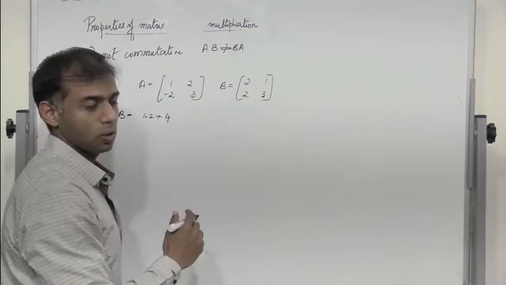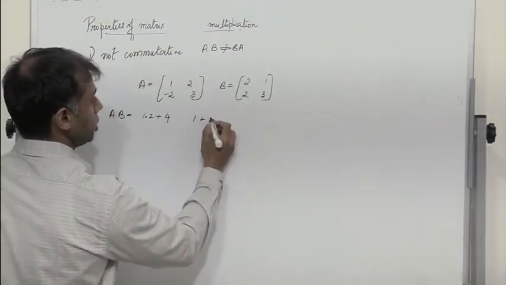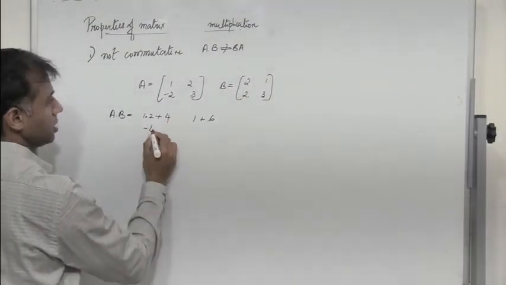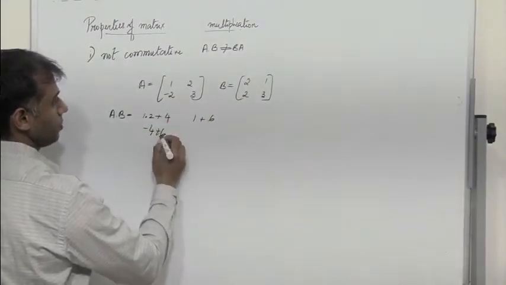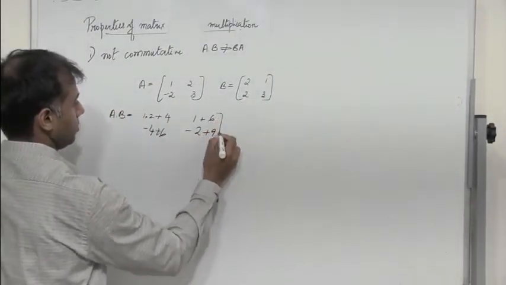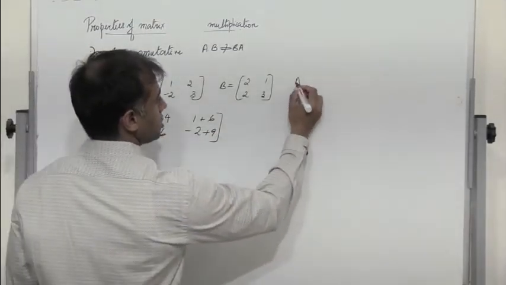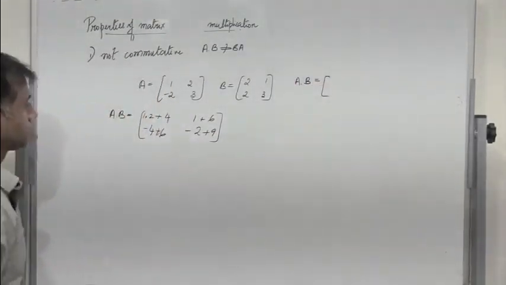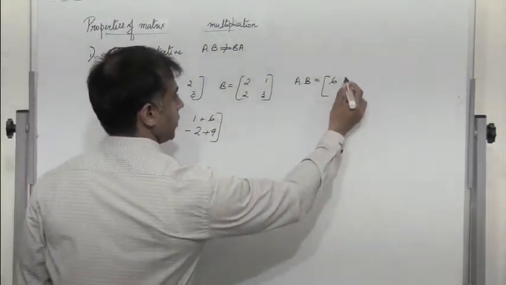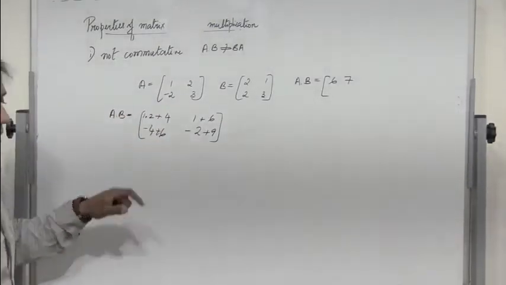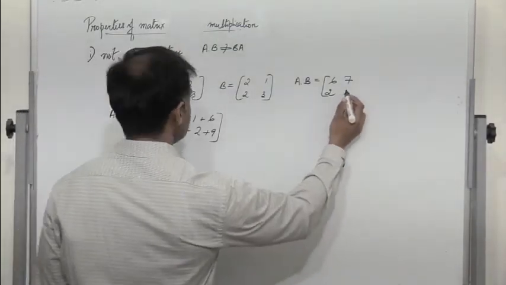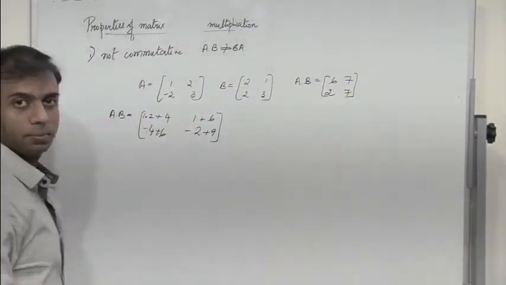Next, first row into second column is 1 into 1 plus 2 into 3 is 7. Next, second row into first column, minus 2 into 2 is minus 4, 3 into 2 is 6. And then second row into second column is minus 2 plus 9. Right? So A into B gives me 6, then 7. And here I have minus 4 plus 6 is 2, and then minus 2 plus 9 is 7. So this is A into B.